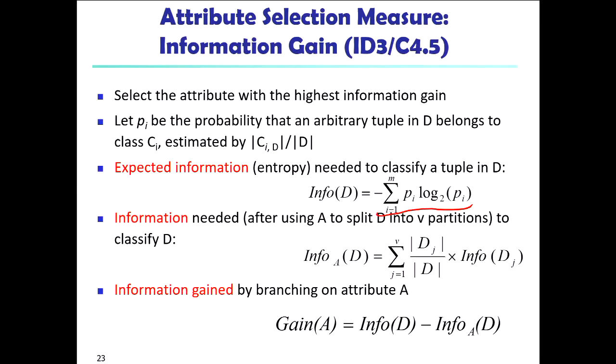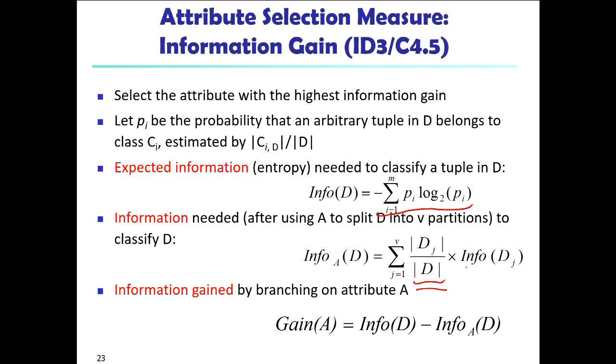And the information or the expected entropy after the split, after splitting D into V partitions, is the sum. Sorry, it's the sum of, this is the portion of the data that belongs to a specific partition.